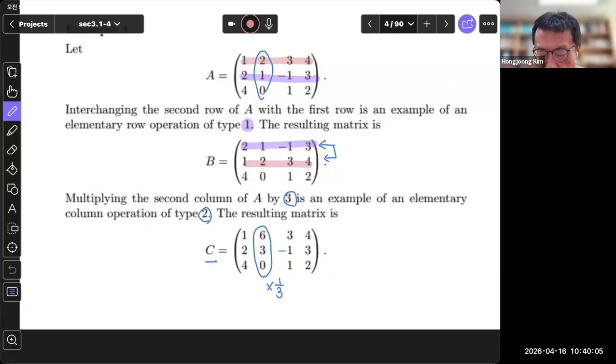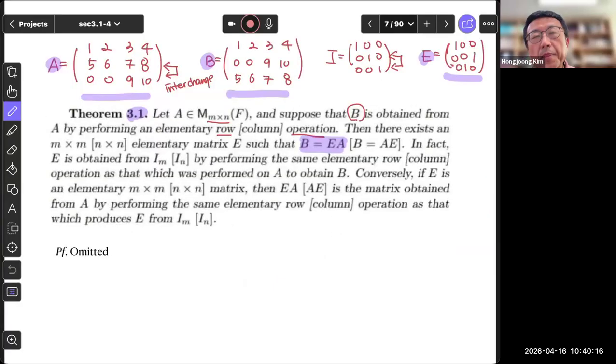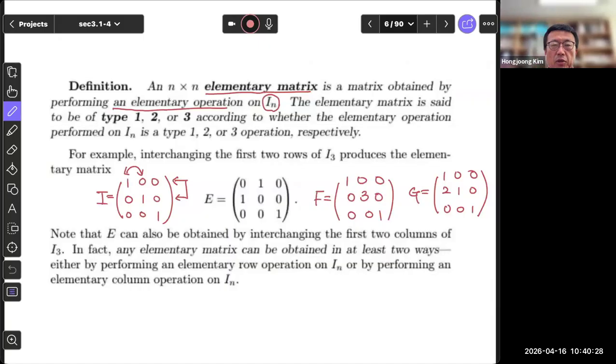Now, one very important theorem we considered last day is this. In this theorem we are considering the elementary matrix. So what is an elementary matrix? An elementary matrix is a matrix obtained from the identity matrix by performing a single elementary row operation.